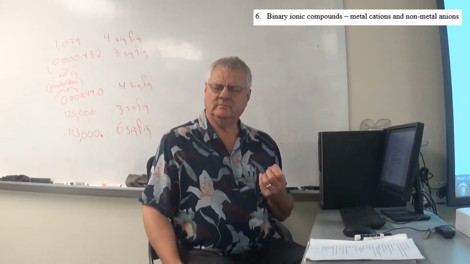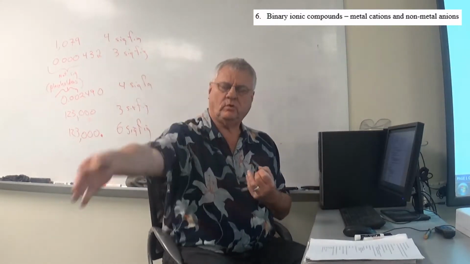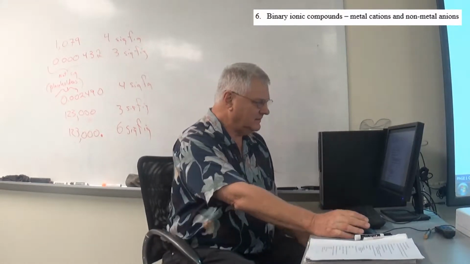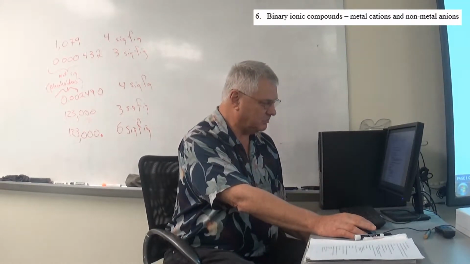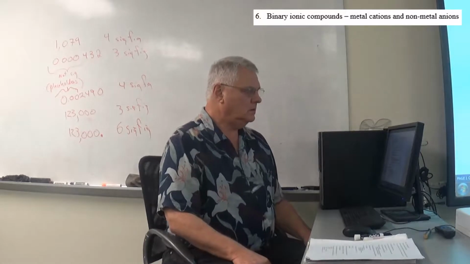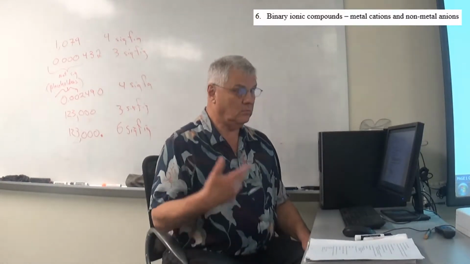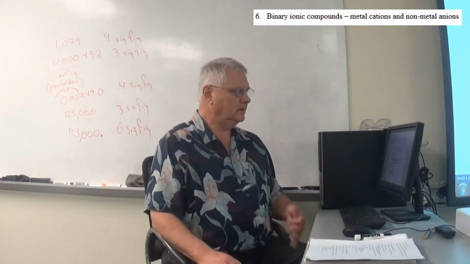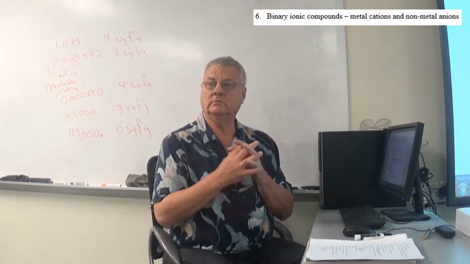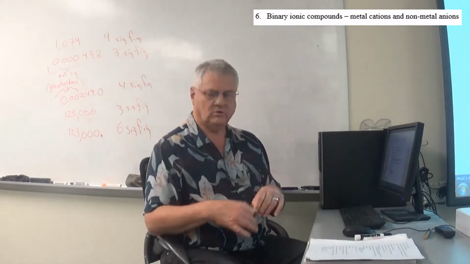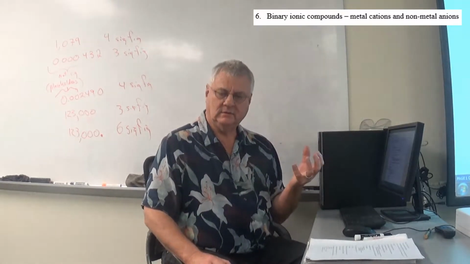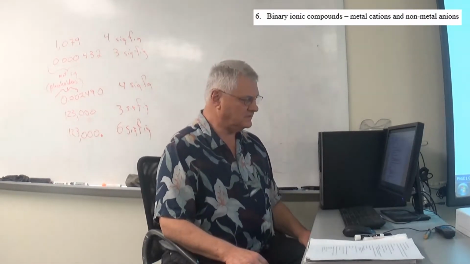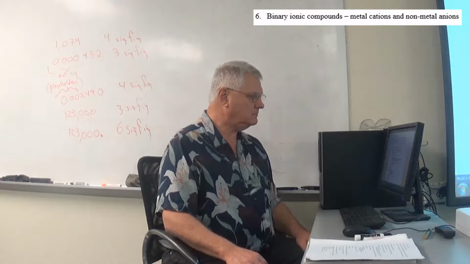So if a metal atom loses one or more electrons, it forms a positively charged cation, and think of that letter T, looks like a plus sign. Nonmetals, on the other hand, are more electronegative than metals, generally speaking, and they have affinity for more electrons. And so if a nonmetal atom gains electrons, it's going to form a negatively charged anion. Okay?